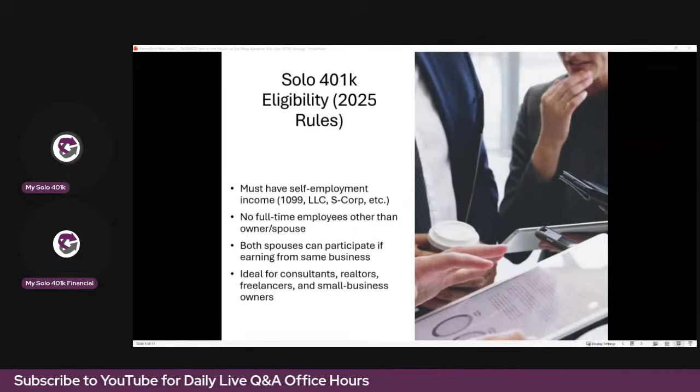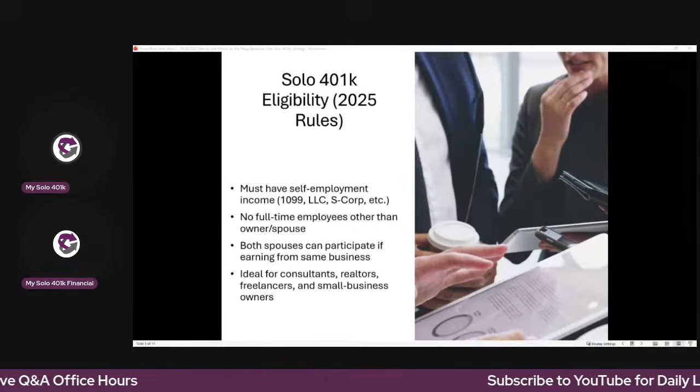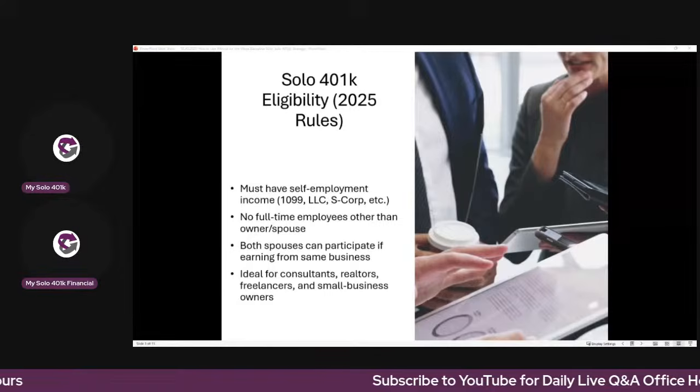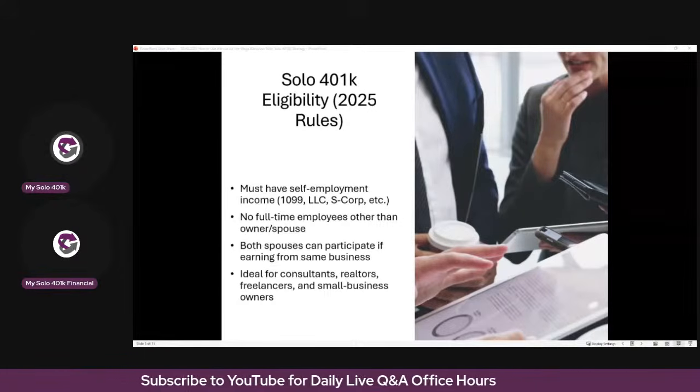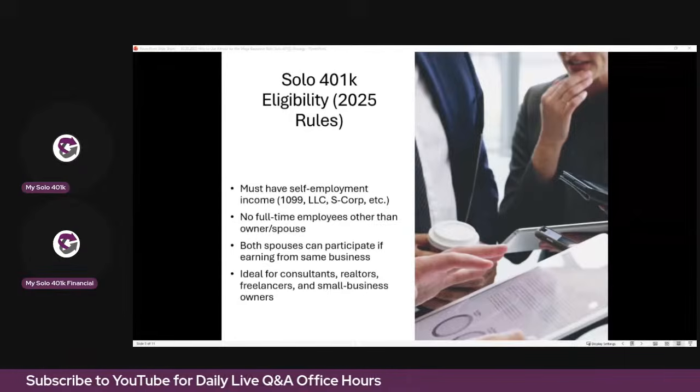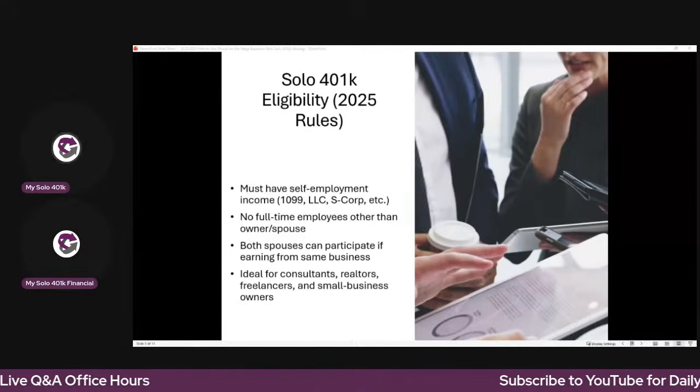Now let's say that you have a business that's taxed as an S corporation. It could be an LLC taxed as an S corporation, or a corporation taxed as an S corporation, or maybe a C corporation, an LLC taxed as a C corp, or a corporation taxed as a C corp.